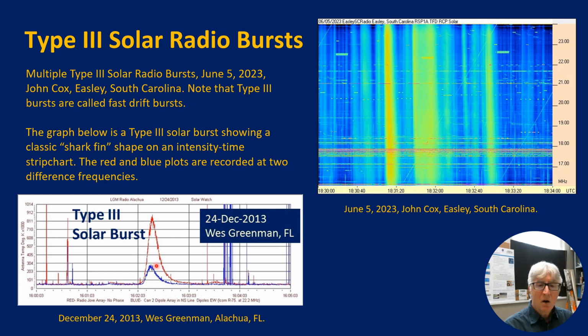The graph below is taken at 2 frequencies and shows strip charts of a type 3 solar burst, and it shows the classic shark fin shape on an intensity time strip chart. The red and blue are recorded at 2 different frequencies.